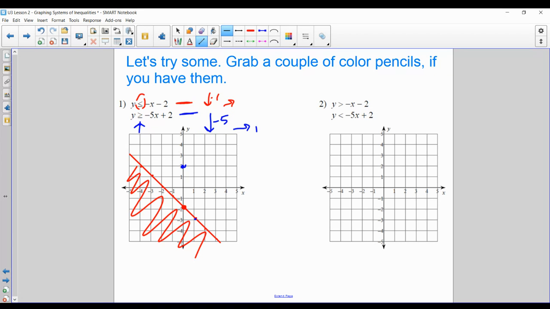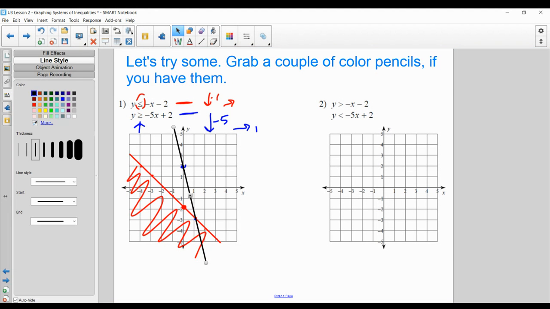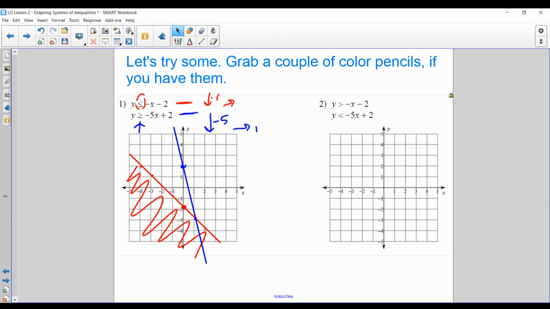So I'm going to bring that in. I'm going to turn this blue. Okay, that is greater than or equal to, so I'm going to shade above the line.